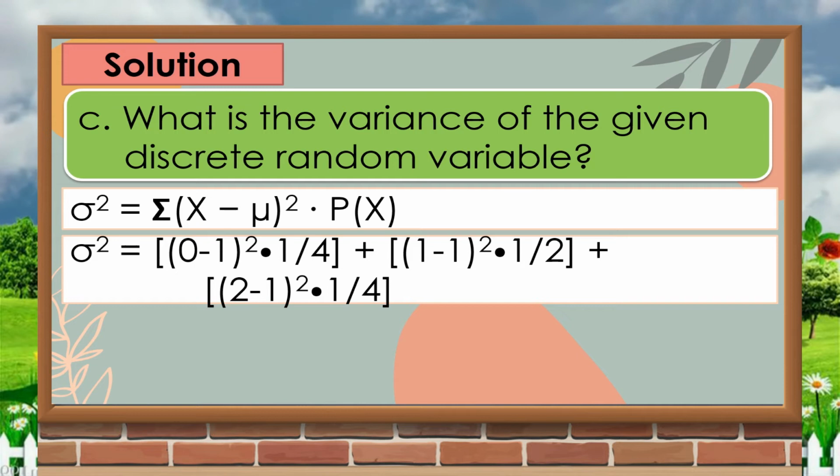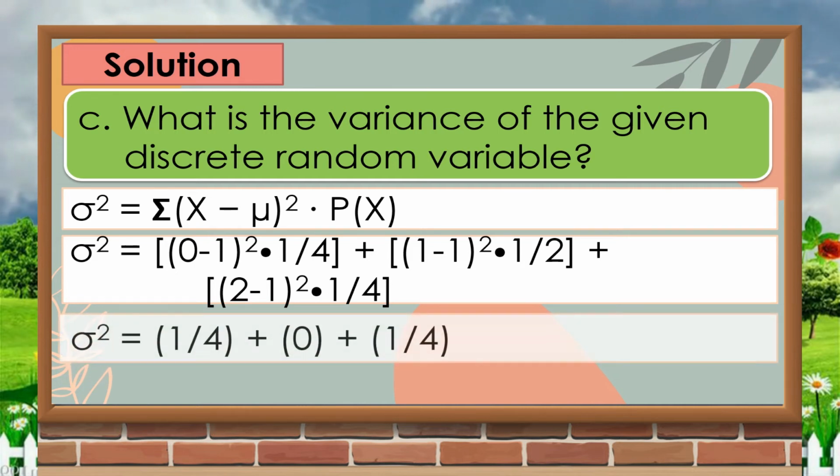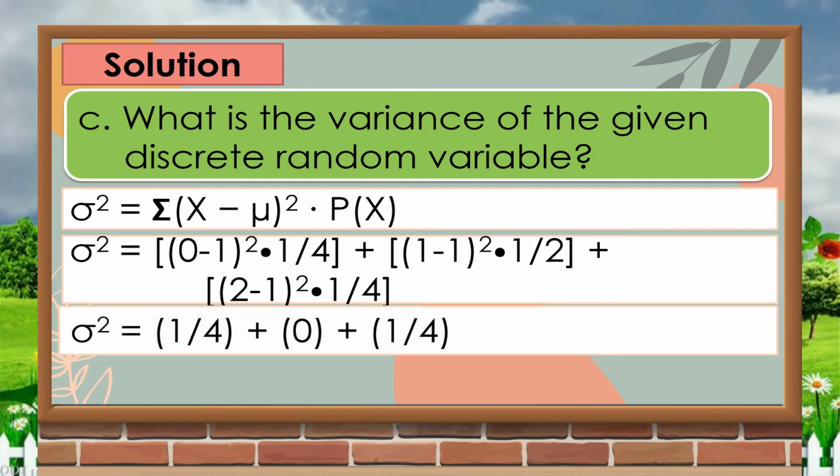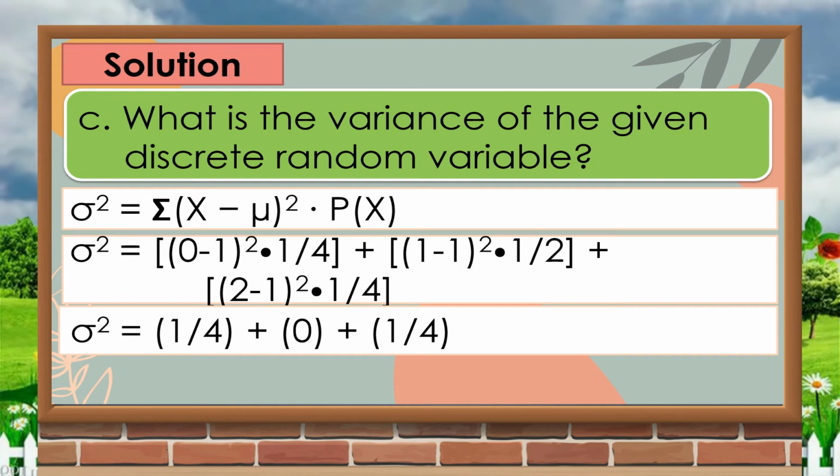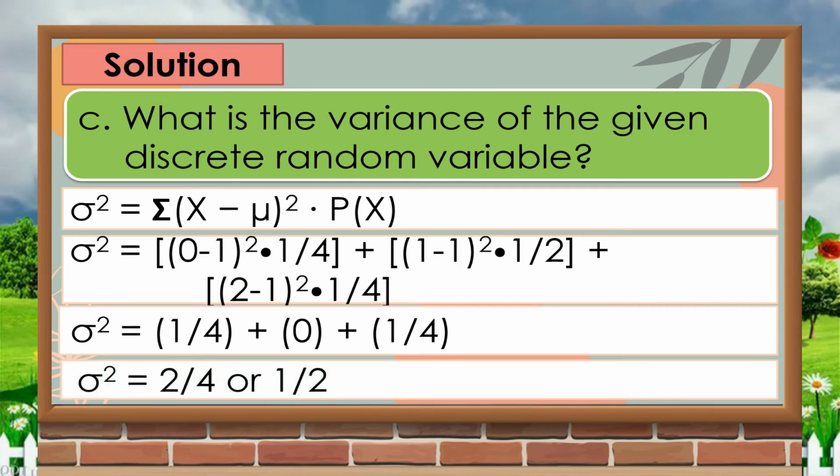Simplifying, we have sigma squared is equal to 1/4 plus 0 plus 1/4. Combining similar terms, we have sigma squared, or the variance, is equal to 2/4 or 1/2.